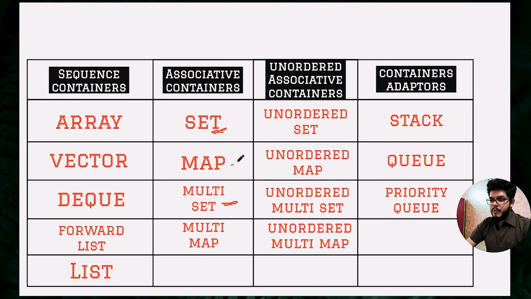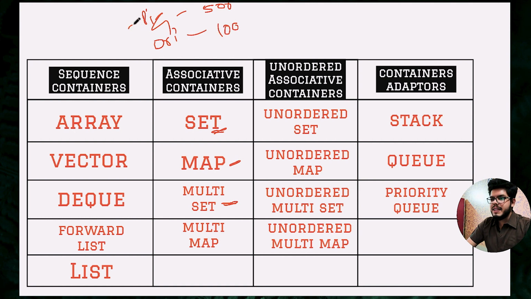Now let's talk about map. So what is a map? Suppose you went to a restaurant and you buy something. So let's say you buy a pizza at a cost of 500. You buy a drink, let's say at a cost of 100.